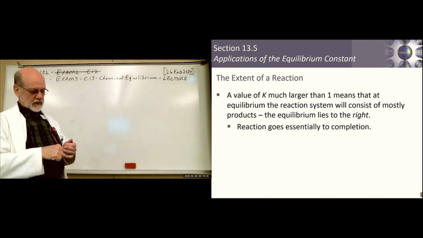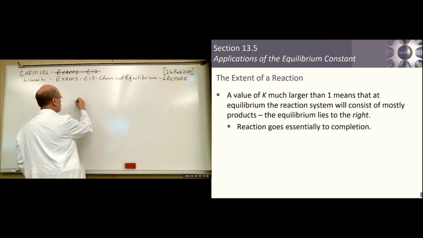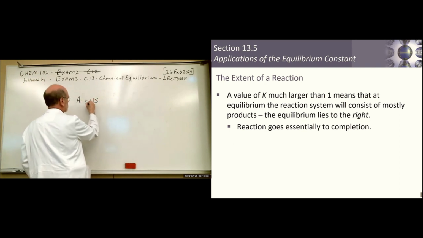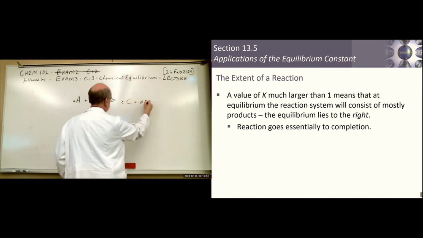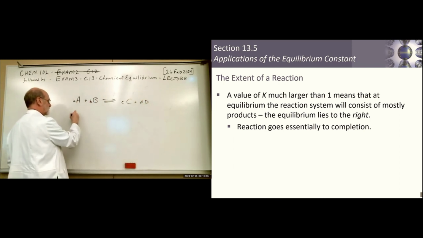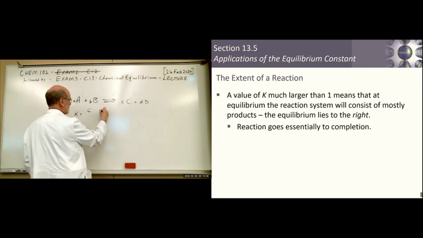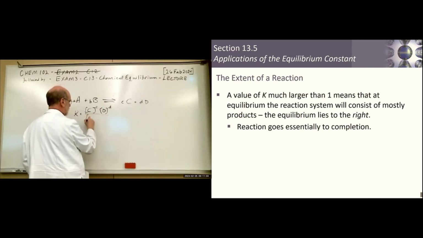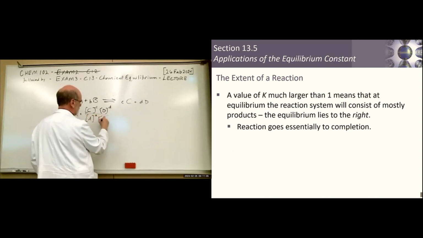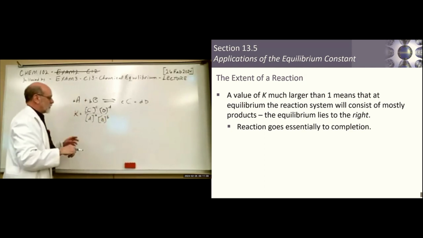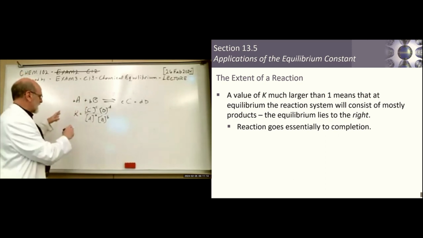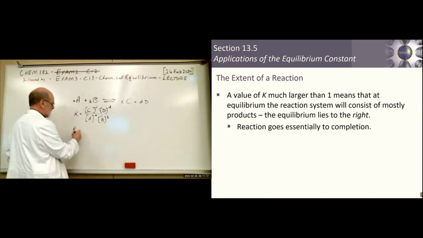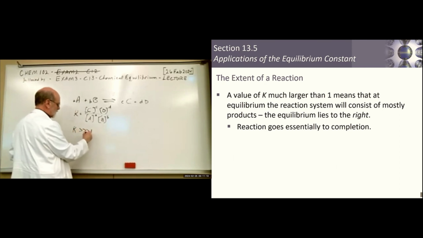Well, if we have a situation where A plus B is in equilibrium with C plus D, and we write the expression like C and D over A and B, then what does that tell you about the reaction if you know that K is, let's say, much greater than 1?